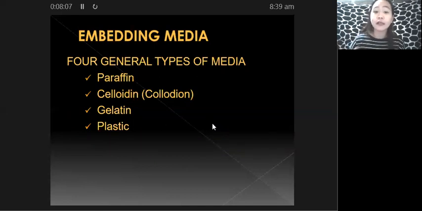Okay? So the four general types of embedding media are paraffin, celloidine, otherwise referred to as collodion, gelatin, and plastic. The main purpose of your media is to infiltrate, to support, and to enclose your tissue specimen.